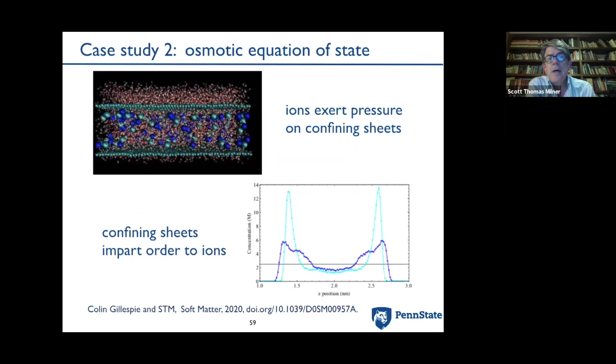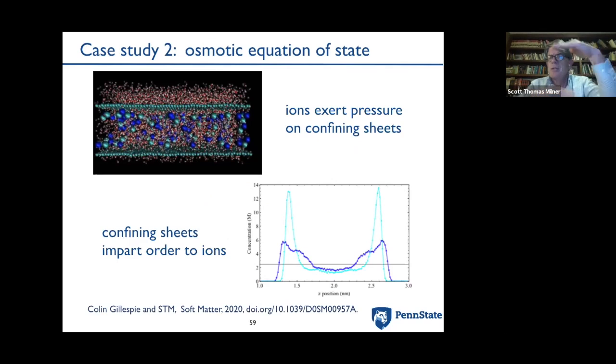Here is a collection of sodium and chlorine ions trapped between two sheets, which are invisible to water, but interact repulsively with the ions. They are connected across the XY periodic boundary, so they're continuous across, and built in such a way that they're under tension so that they stay quite flat.